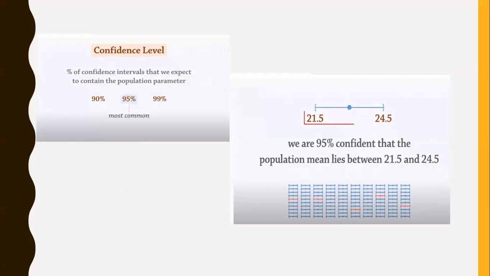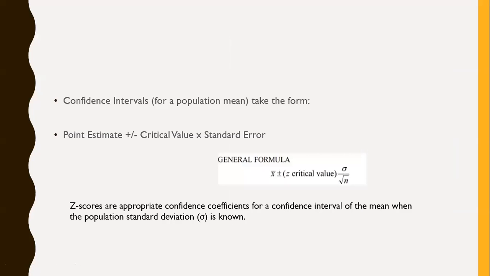There are three commonly used confidence intervals: 90%, 95%, and 99%, right? This is another example of the 95% confidence interval.